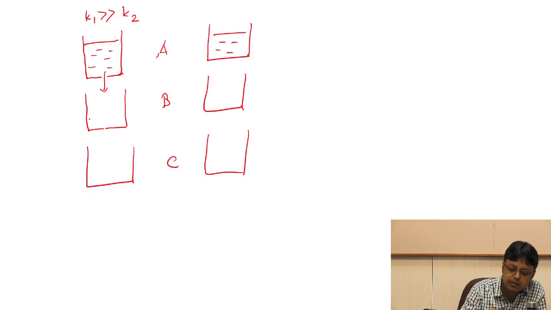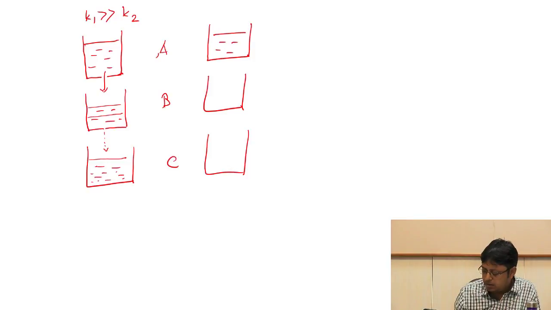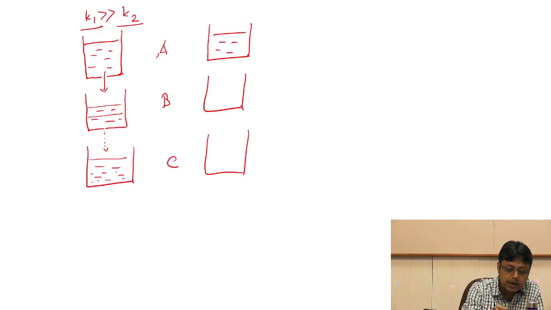Water will first fill in B, and then slowly this will come to fill in C. So in the long term, of course, everything will be C, but in the very early time, you will see that it is only filling up B, but slowly B also transfers that water, but at a much slower rate, because k2 is much smaller than k1.